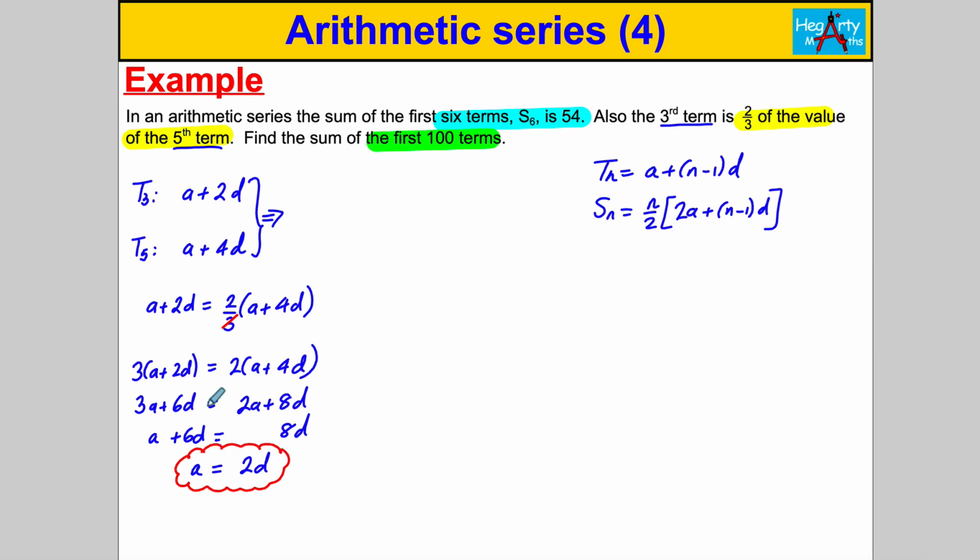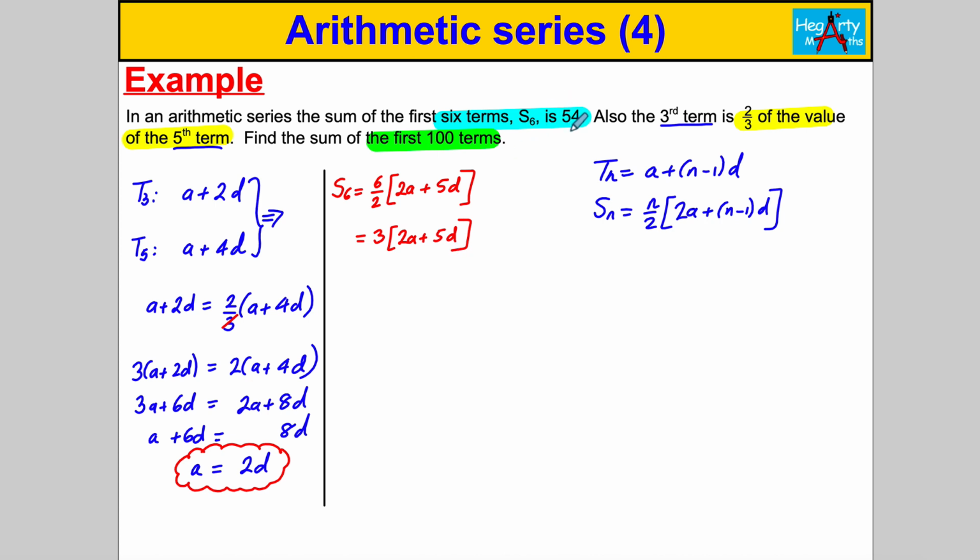That's a nice, easy relationship there. Is there anything else I haven't used from the question? Well, yes, there is. I was also told the sum of the first 6 terms is 54. So S6, substituting in 6 in here, would be 6 over 2, 2a plus 5d. 6 over 2 is obviously 3, so that's 3, 2a plus 5d, like that.